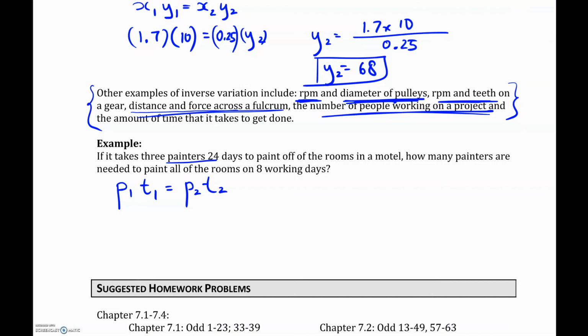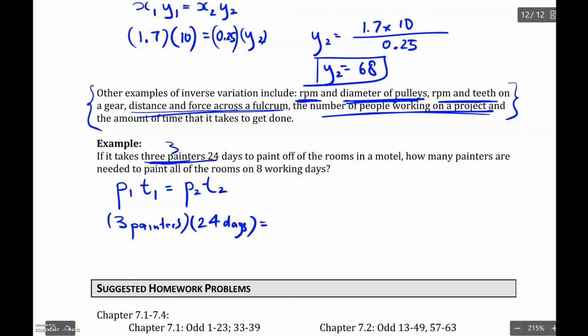Right? So let's see what we're given to solve this problem. Now, it takes 3 painters 24 days. So we could write 3 painters, 24 days. And that's now equal to, well, it says how many painters, so we don't know the number of painters.